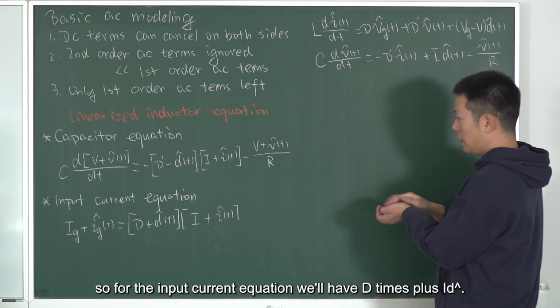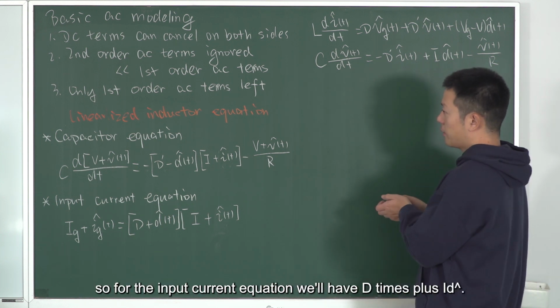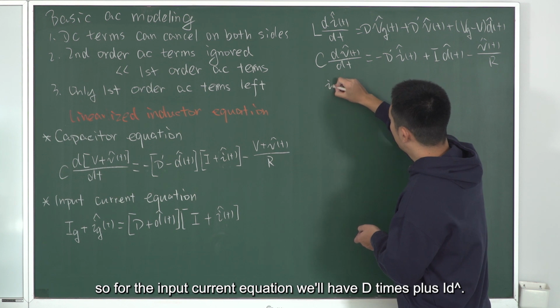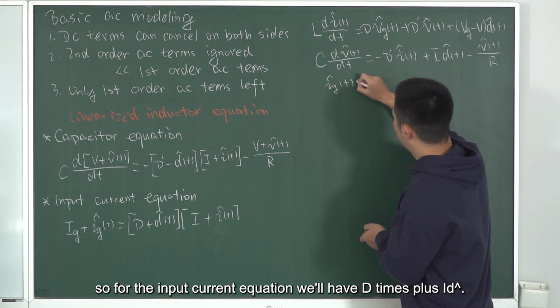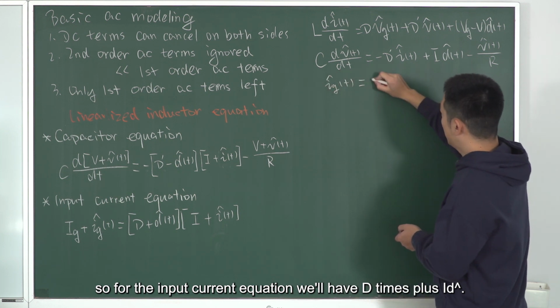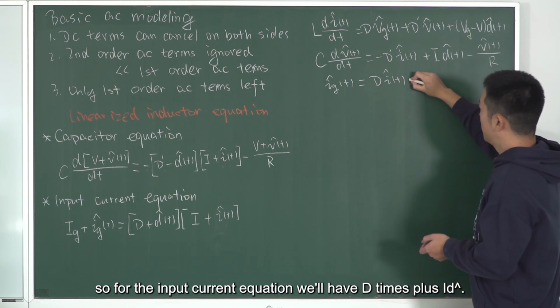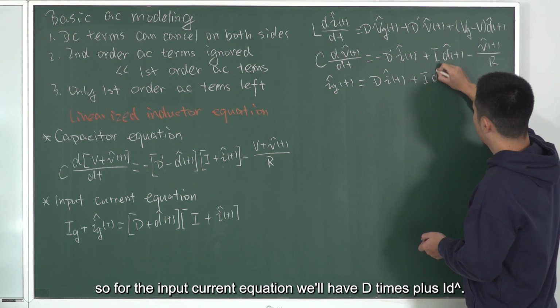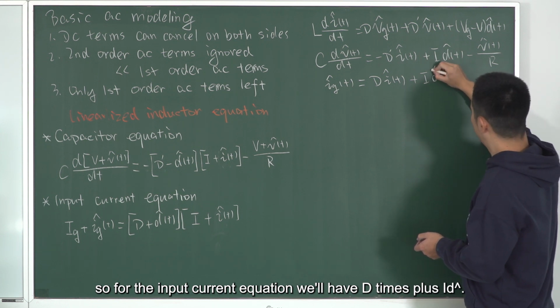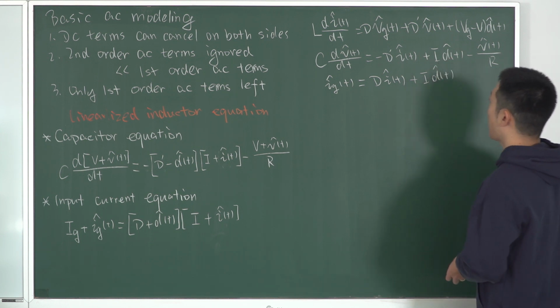So for the input current equation, we'll have D times plus I D cap T.